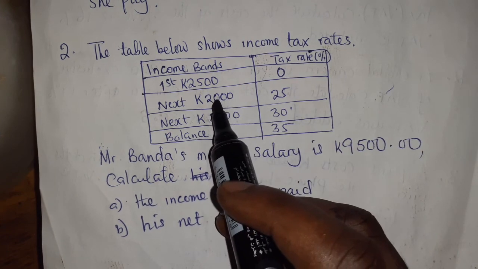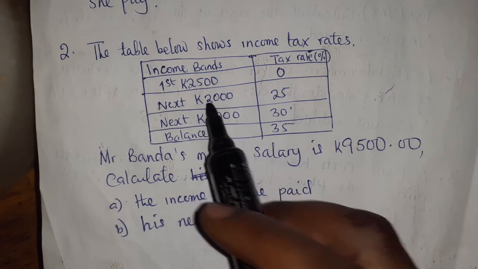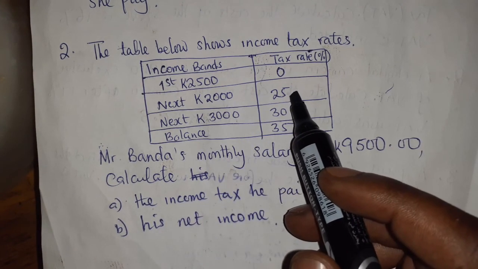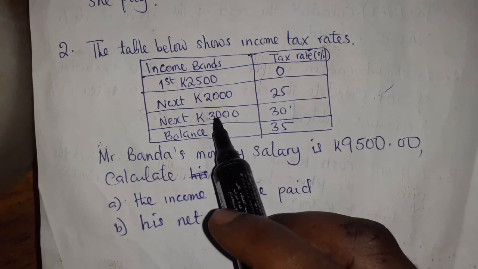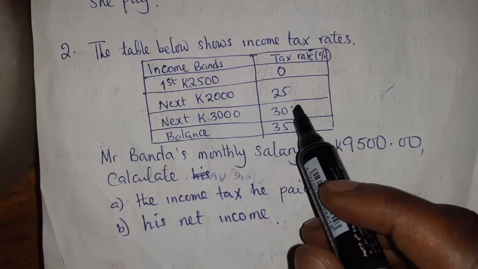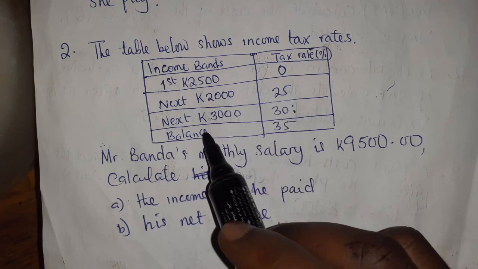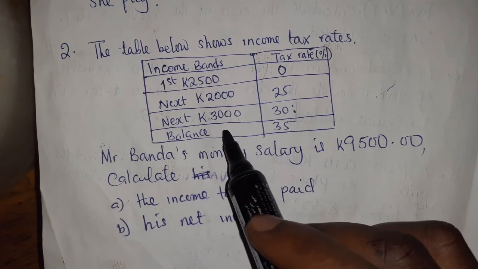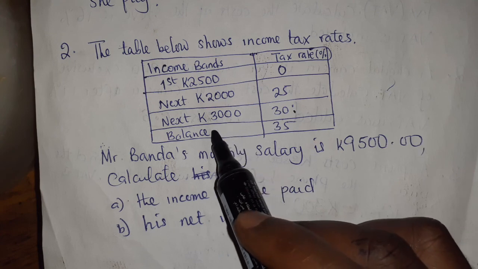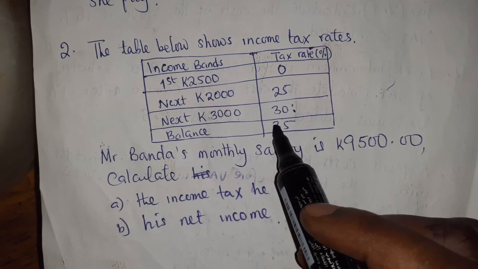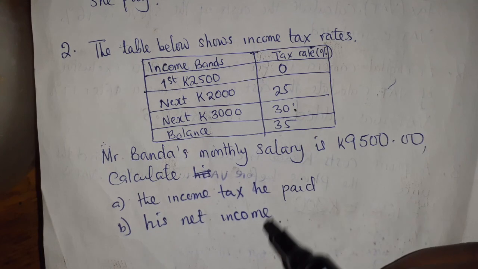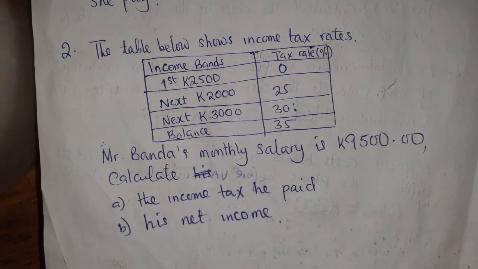The next amount, which is 2,000, is taxed at 25%. The next 3,000 is taxed at 30%. If there is any balance from your income, it's going to be 35%. I hope this is clear.